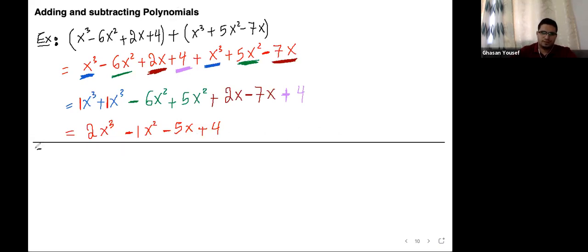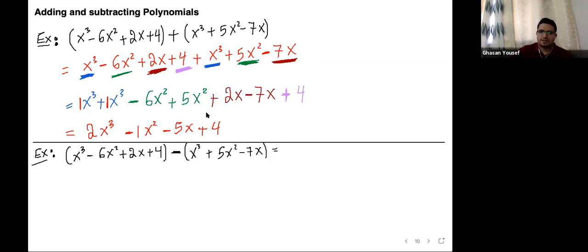The example is x cubed minus 6x squared plus 2x plus 4, same example, not the same polynomial, minus x cubed plus 5x squared minus 7x.